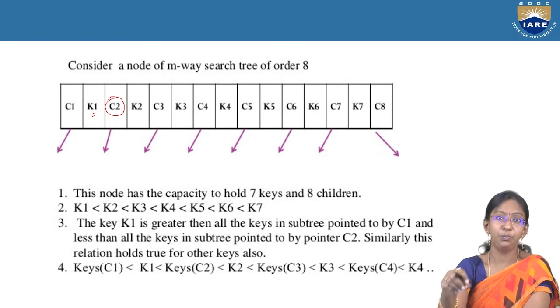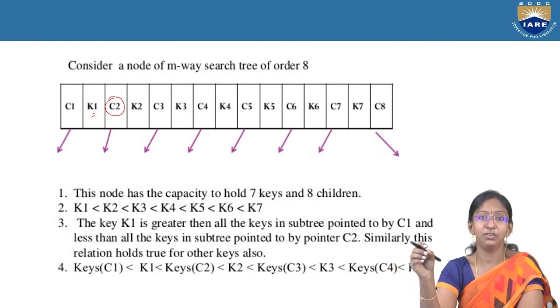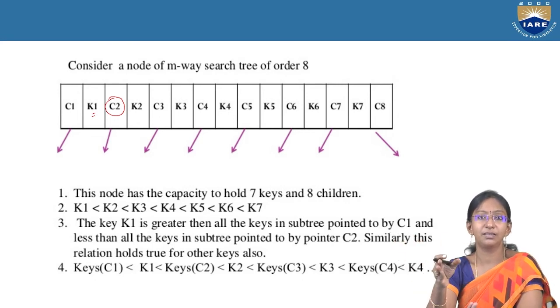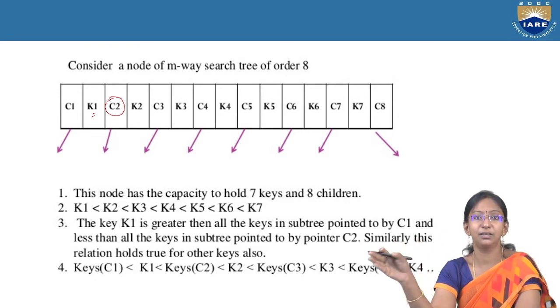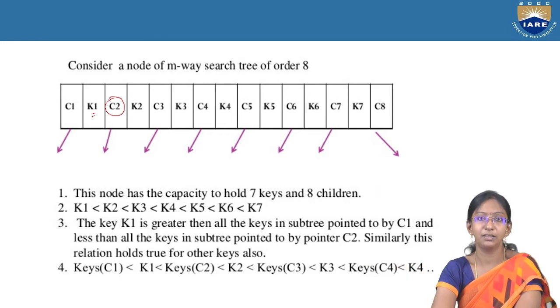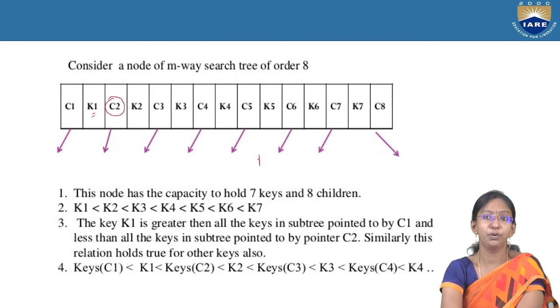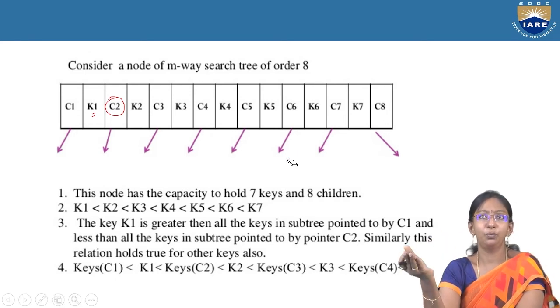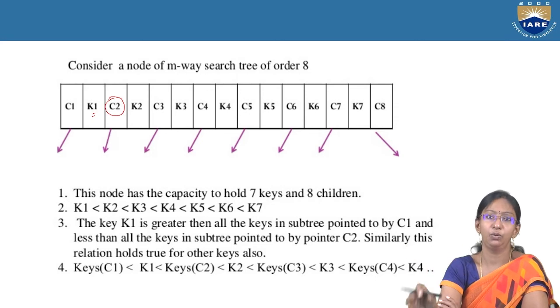And between K1 to K7, these keys are in ascending order. K1 is less than K2, K2 is less than K3, and so on. See how beautifully they are designed. You can clearly see that the BST property is prevailing. Did you lose that search property? No. But we extended BST by providing more than one data value at every node.